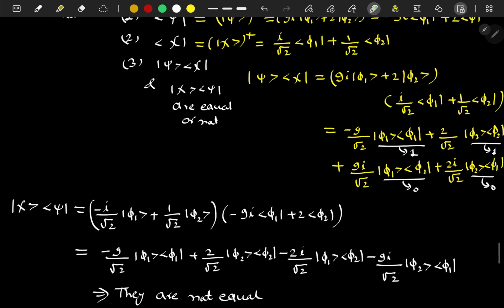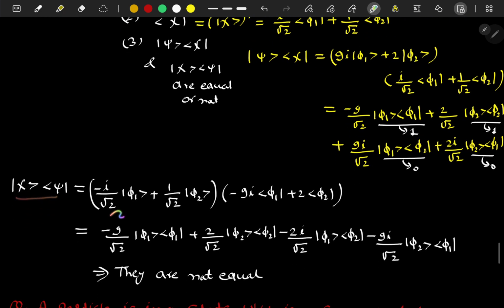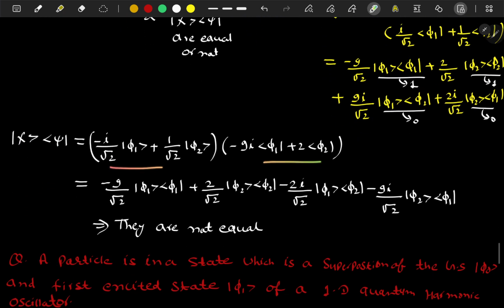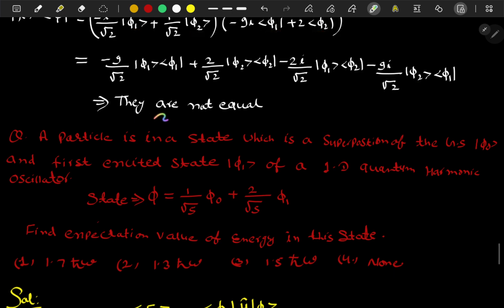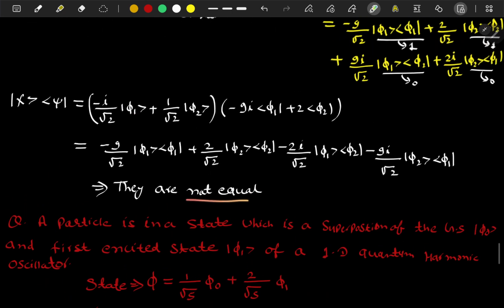And the product of ket chi and bra chi, when you do it, gives phi 1 phi 1, phi 2 phi 2, phi 1 phi 2, and phi 2 phi 1. Okay, just remember phi 1 and phi 1, phi 1 and phi 2, phi 2 phi 1, phi 2 phi 2. So they are not equal to each other.